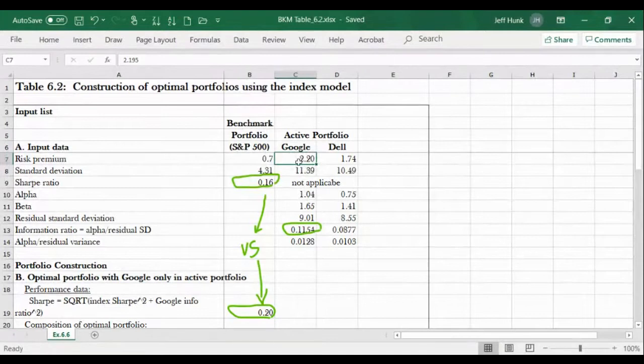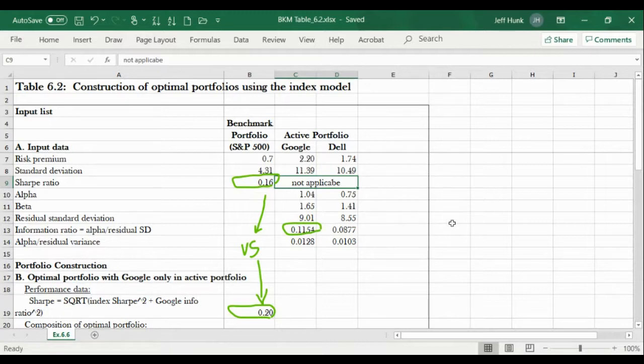But again, risk premium 2.2, standard deviation 11.39. Dell 1.74, standard deviation 10.49. Sharpe ratio not applicable. Why? Because it's not the Sharpe ratio for individual stocks.